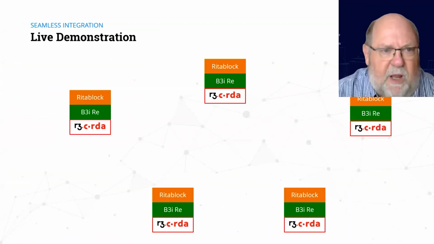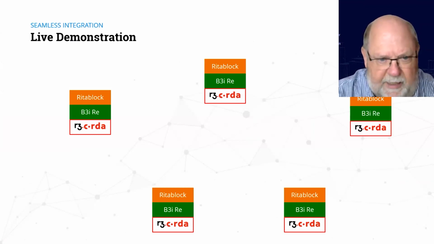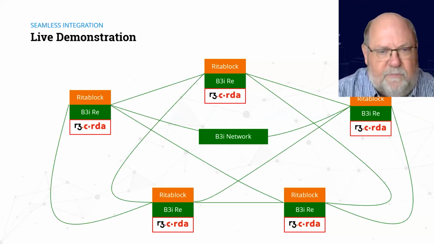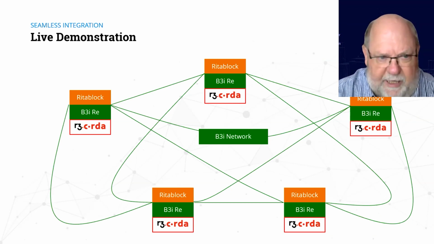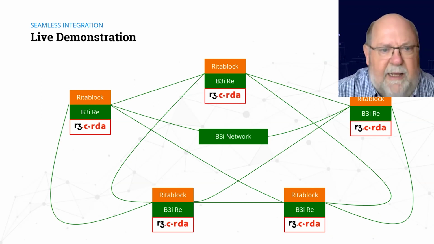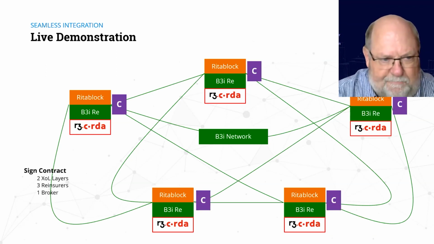So first, we will have one cedent, one broker, and one reinsurer in a DLT network, which is the B3i network based on R3 Corda. And first, the cedent will sign a contract.